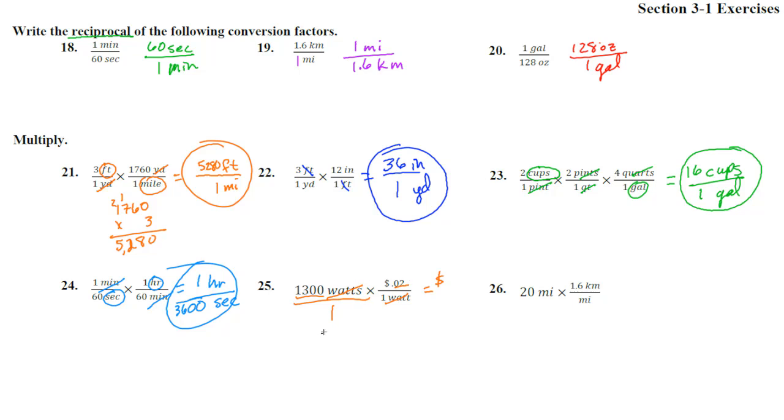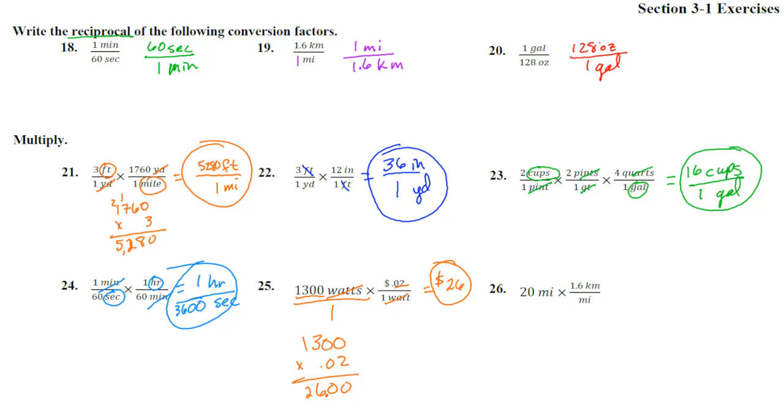Let's write that down: 1,300 times 0.02. It's going to be 2 times 0, 2 times 0, 2 times 3, 2 times 1, and 2 decimal places right there. So we get $26.00. Yeah, 1,300 watts at 2 cents per watt would be $26.